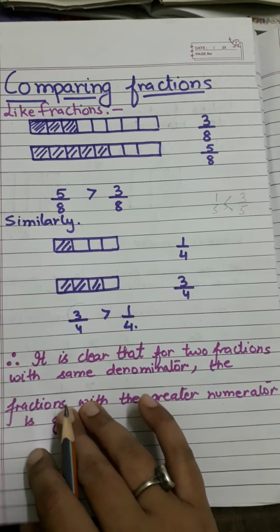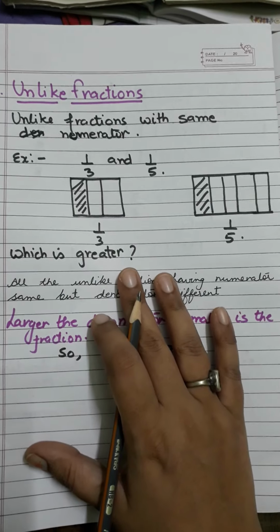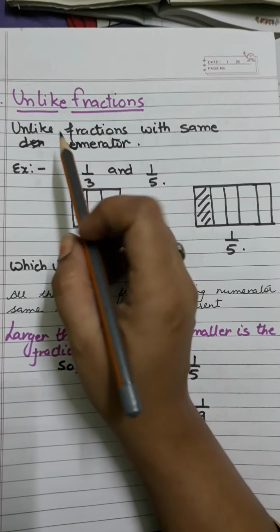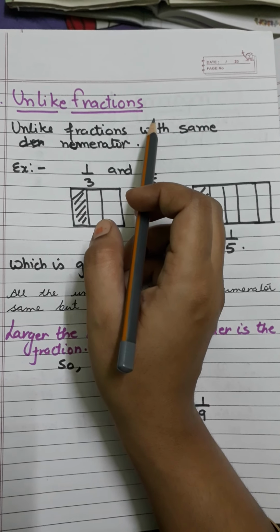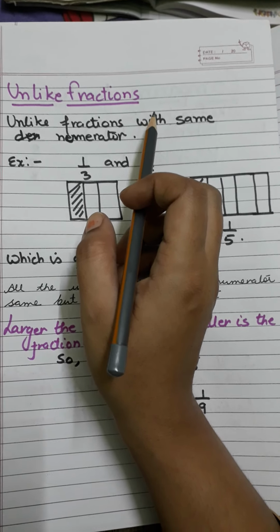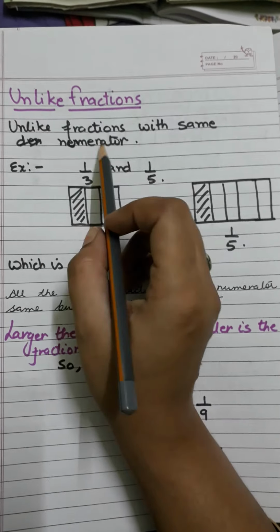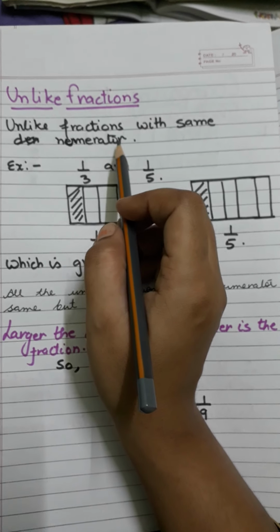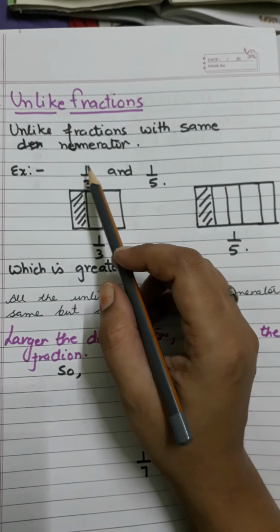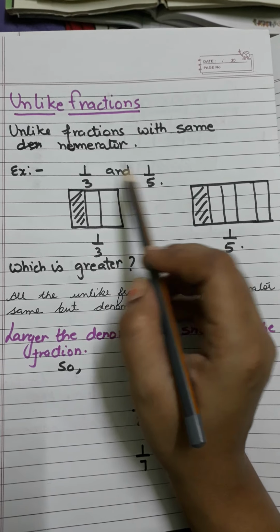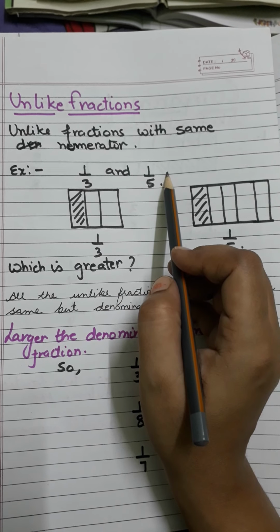Now the unlike fractions. Let us see what unlike fractions are. Unlike fractions are fractions which have different denominators. Unlike fractions with the same numerator. Now we are considering the example where the numerators are the same.